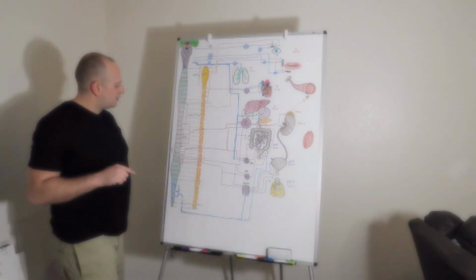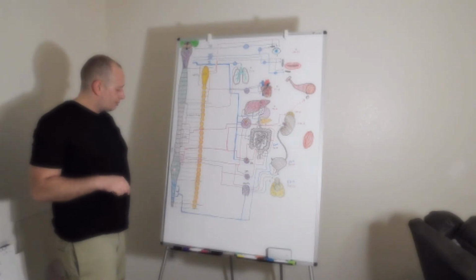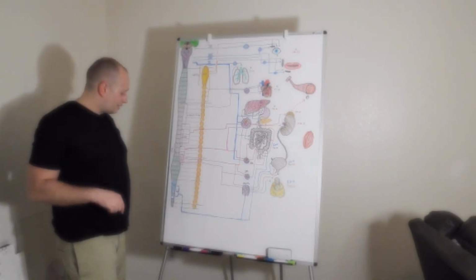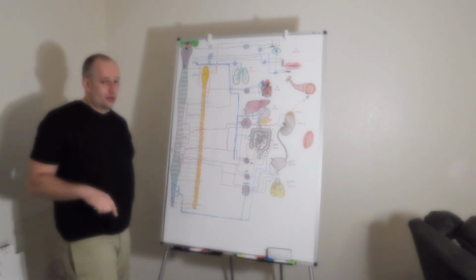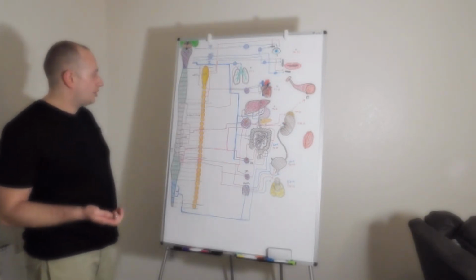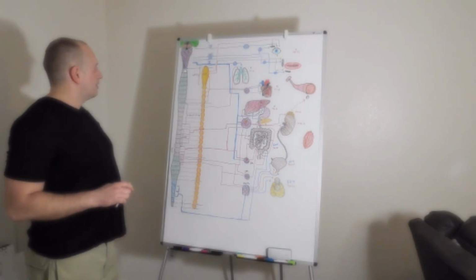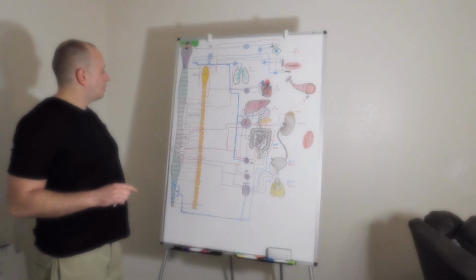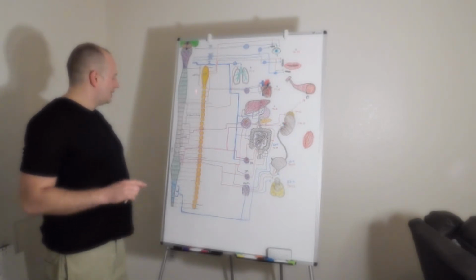Then your thoracic division has 12, and then your lumbar segment has 5, and then your sacral segment has 5, and then you have your little lonely coccygeal one down here. So that's a total, I think, of 31, possibly 31 or 32 or 30. So this segment here does have some spinal nerves that go to this area here.